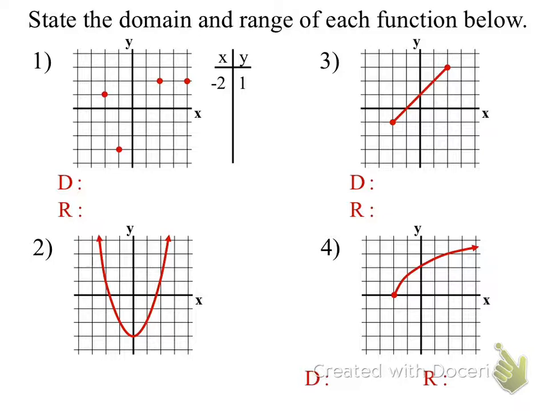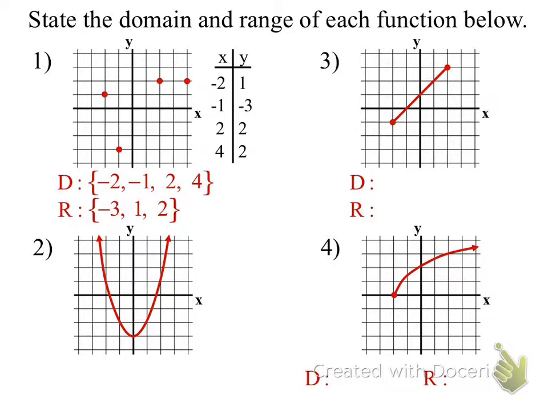The second point is -1, -3. Okay, so as I mark my points of each one, now we can see that our domain is -2, -1, 2, and 4. My range would be 1, -3, 2, and 2.